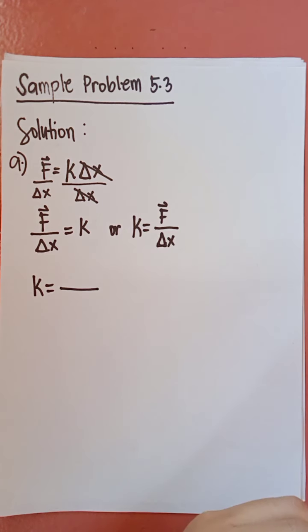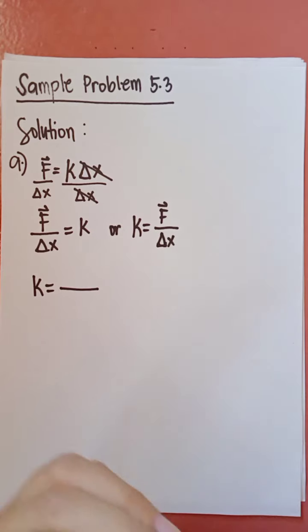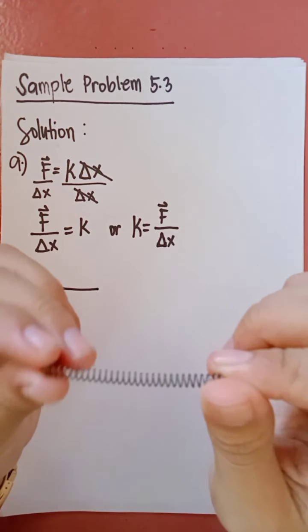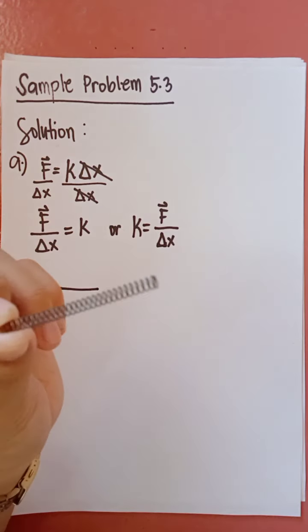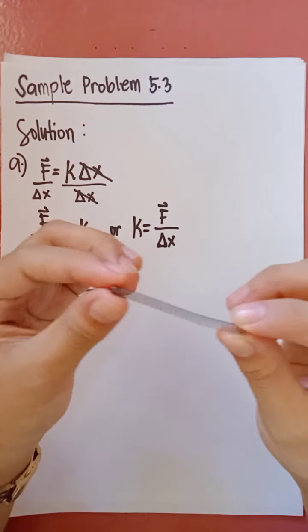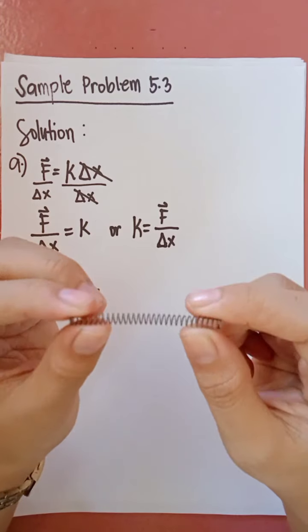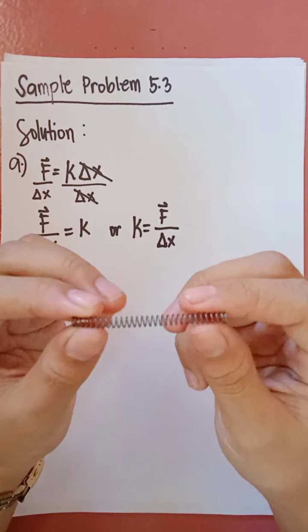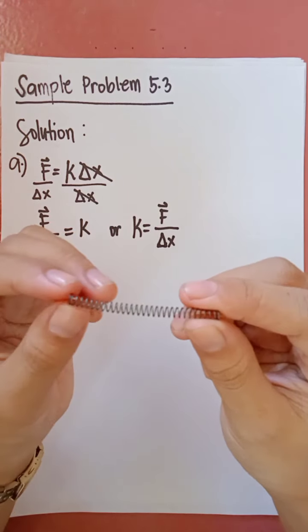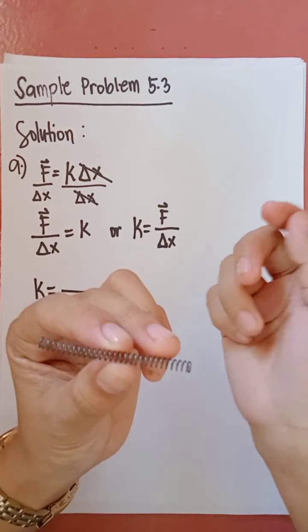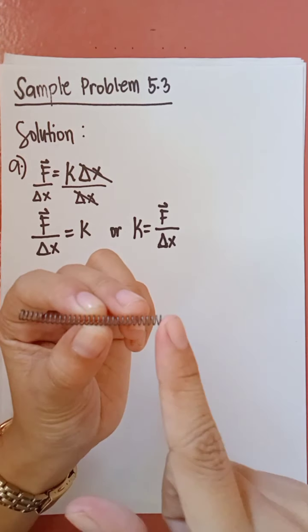So for example, you have here a coiled spring. Originally, the delta X, or the length of this spring, is from this point to this one right here.